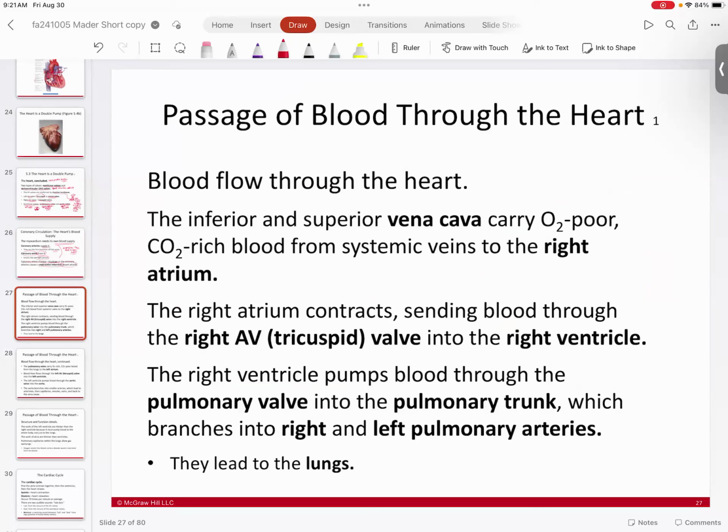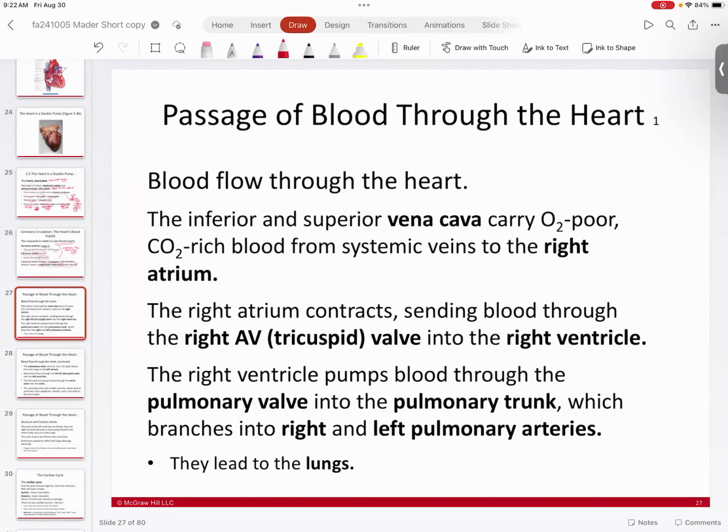So we already sketched out the passage of blood through the heart. I want to go through this piece quickly because we already did a lot of it. So blood is delivered to the right atrium through the vena cava, both inferior and superior, carrying waste and oxygen-poor, CO2-rich blood. The right atrium will contract.